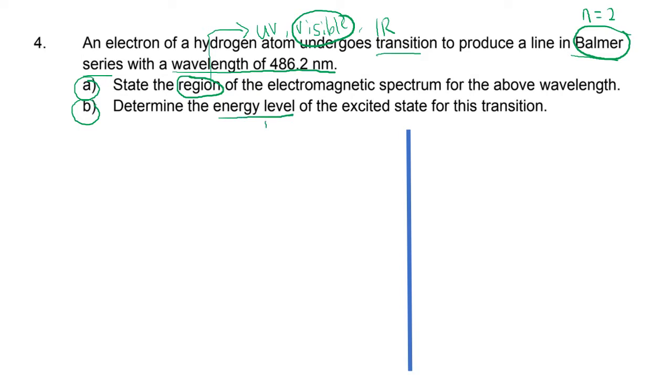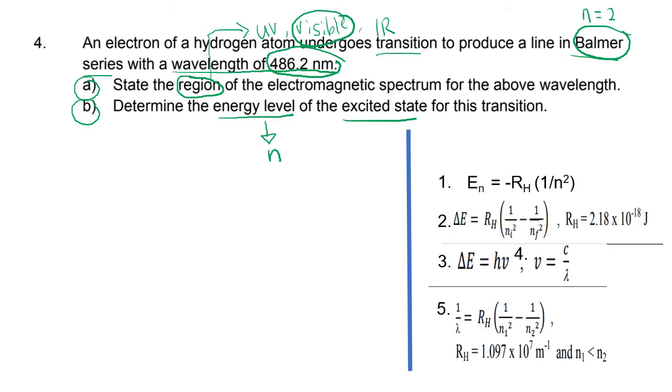So energy level represents n of the excited state for this transition. Because wavelength is given and it involves energy level, again based on the 5 formulas in this chapter, we are going to use the 5th formula here.